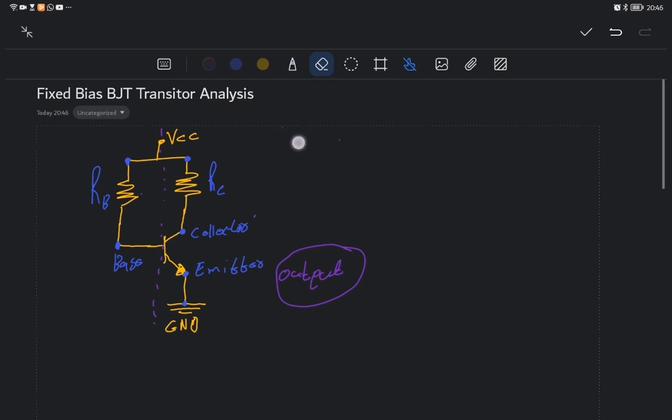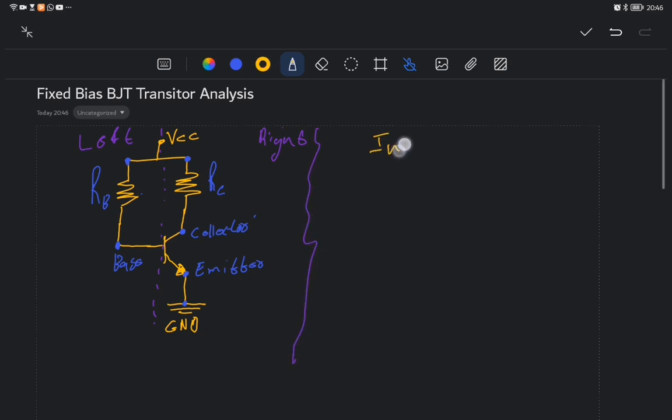And then let's try and deduce that input equation first. So we're going to be looking at the left side. Let me keep the left there, and then write the input equation.